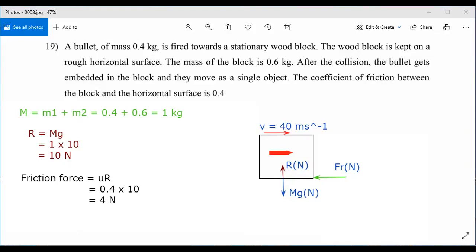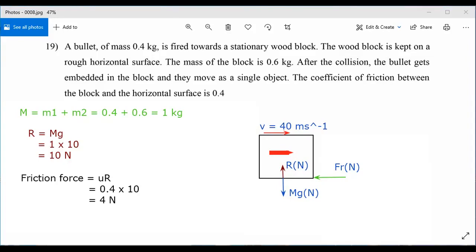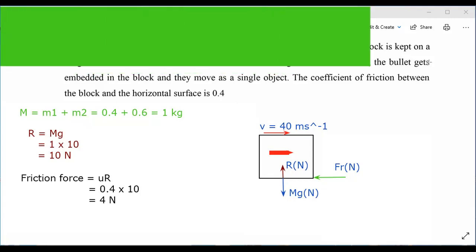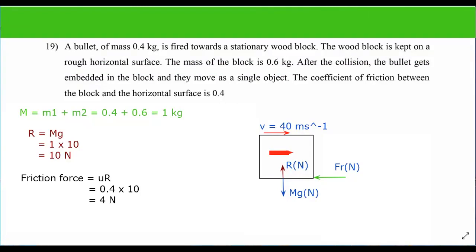Right, put a star point. Due to the friction force, the velocity of the block will be decreased, and finally it comes to rest.